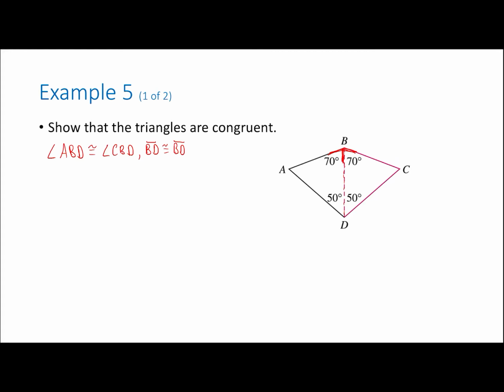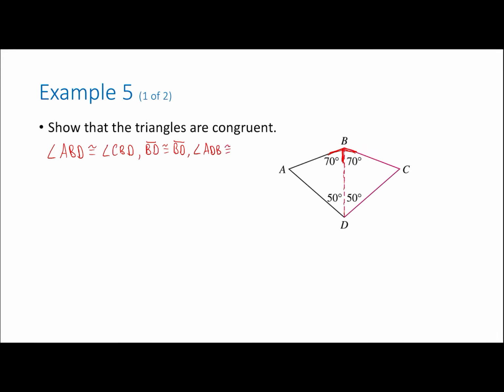We also can see that they share a side. BD is a side they both have. And so we could also say that segment BD is congruent to segment BD.